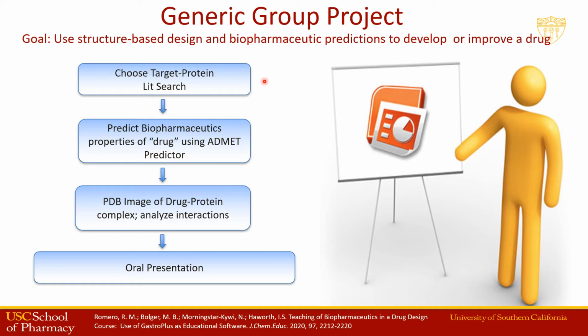target. And this is important because when we start to do some of the biopharmaceutical calculations with ADMET Predictor and GastroPlus, we want to be able to compare the experimental data to the predictions. Next, we have them do some biopharmaceutical calculations using ADMET Predictor, simple Lipinski properties such as pKa and log P, log D, solubility, and discuss how they might affect dissolution and absorption in the GI tract.